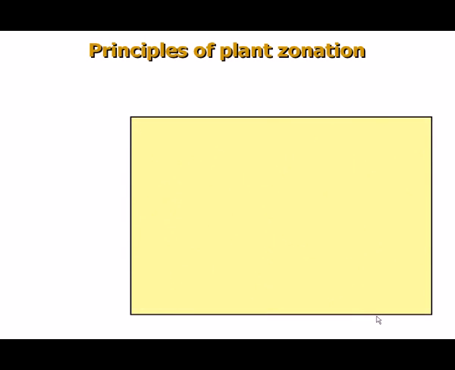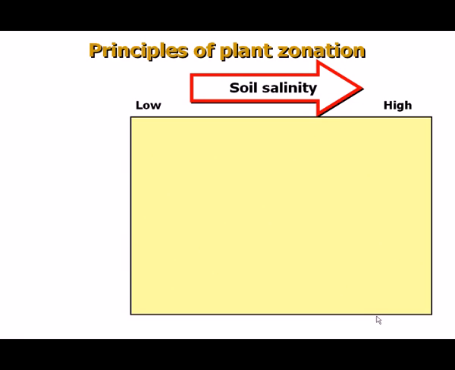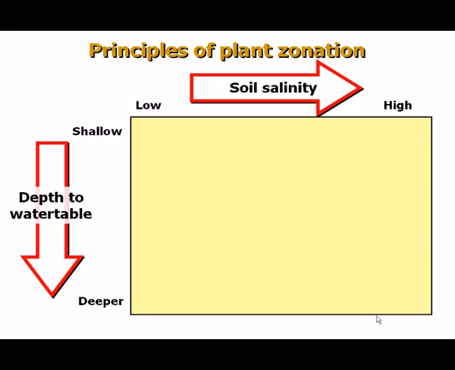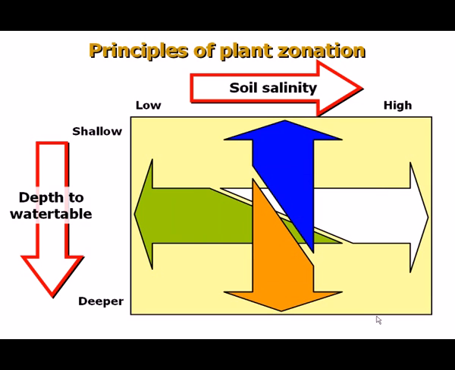I think the principles of plant zonation can really be summarized in this slide. We've got soil salinity going from low to high on the x-axis, and we've got depth to water table going from shallow to deeper on the y-axis. And these are the factors that operate in determining what grows where.